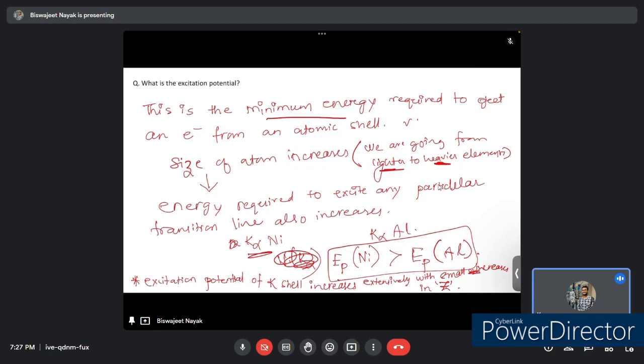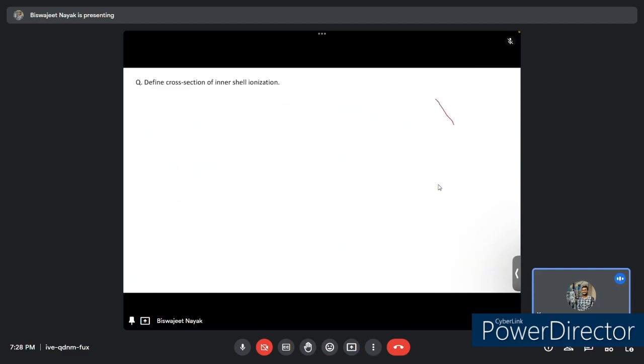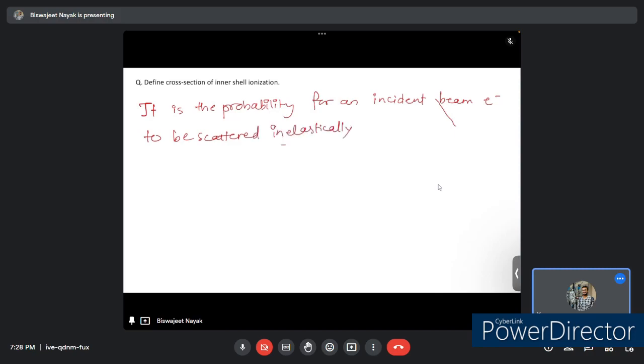Now, define cross section of inner shell ionization. It is basically the probability for an incident beam electron to be scattered inelastically by an atom per unit solid angle.